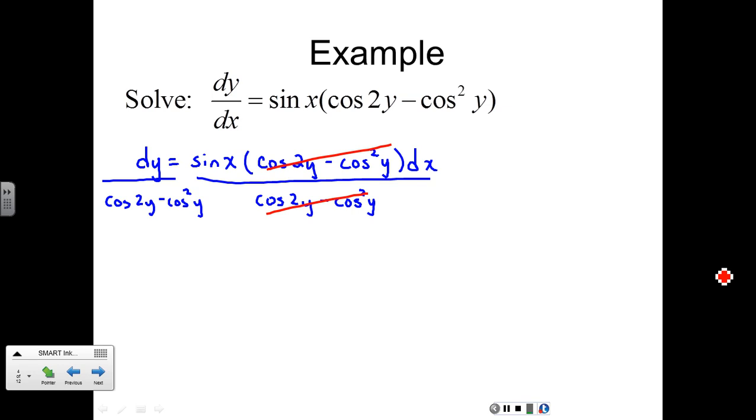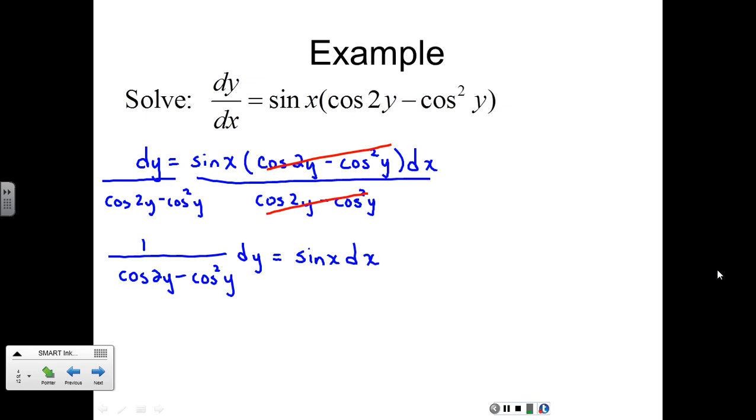No x's involved in that at all, so they can just divide away. So I will have 1 over cosine of 2y minus cosine squared of y dy equal to sine of x dx.